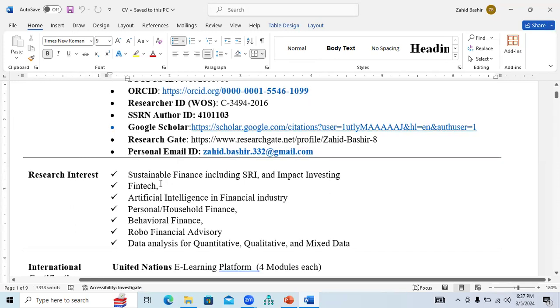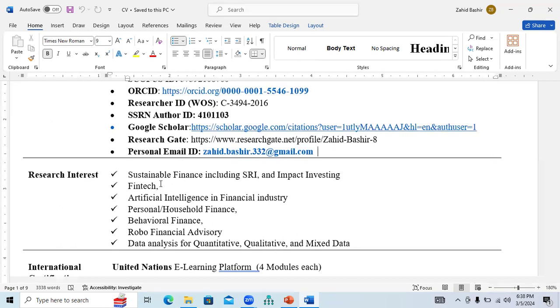I am particularly interested in sustainable finance, including SRI and impact investing. I am also interested in fintech, artificial intelligence in the financial industry, personal or household finance, behavioral finance, robo financial advisory, and most importantly, my basic focus is on data analysis skills like quantitative, qualitative, and mixed data.